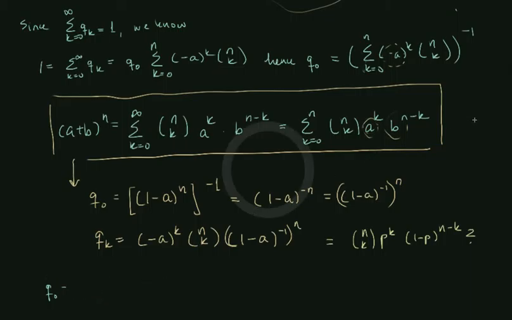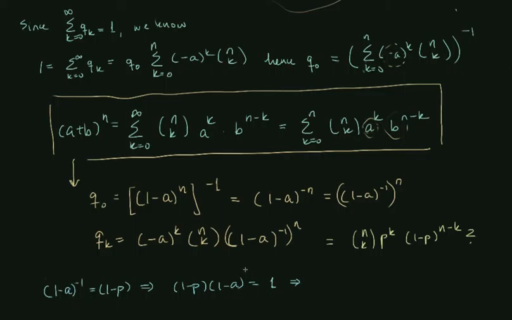So we want to find out what p is in our case by considering that 1 minus a to the minus first is equal to 1 minus p. And this implies that 1 minus p multiplied by 1 minus a should be equal to 1.